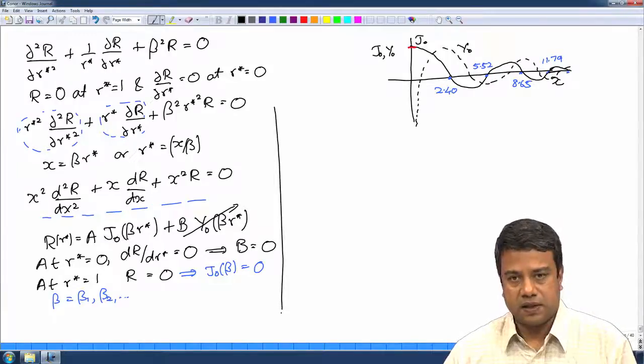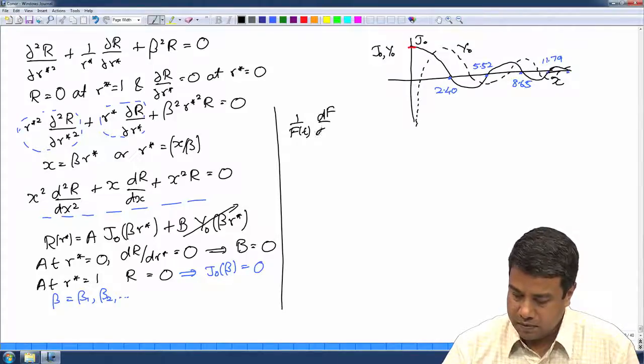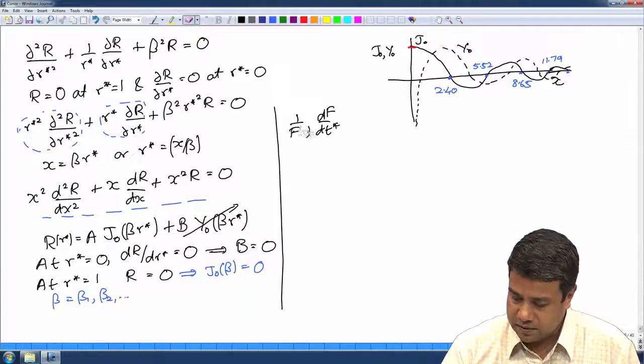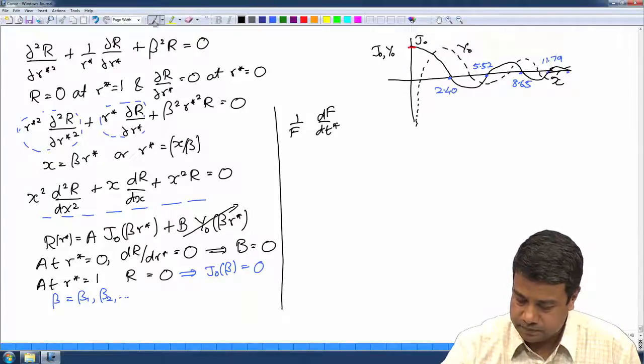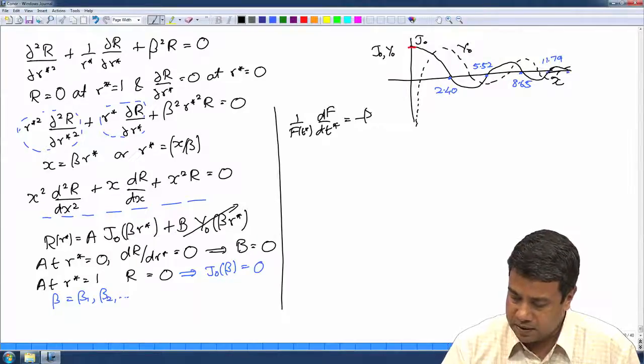What is the solution in time? The other equation is equal to minus beta square.